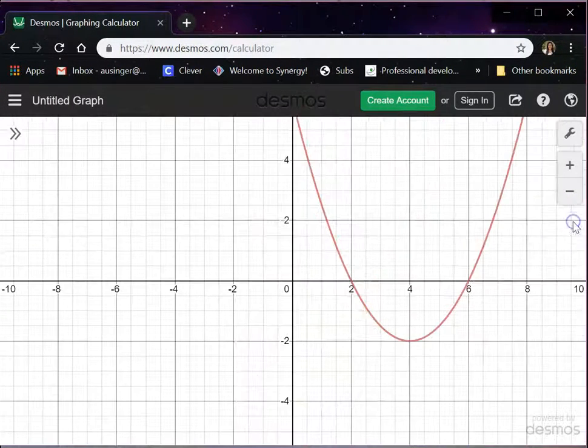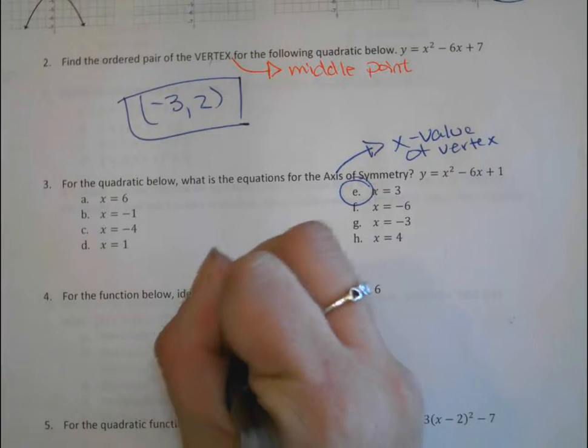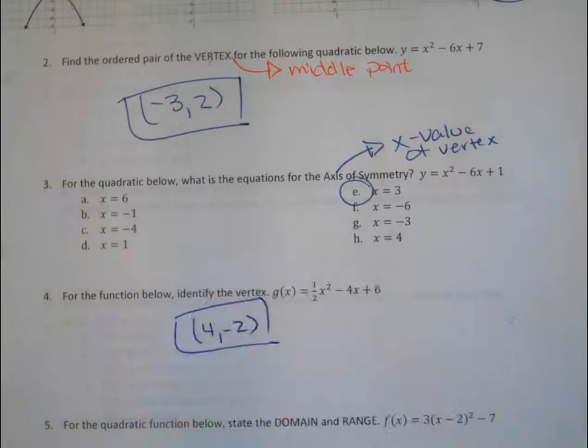So what I'm going to do here is click the home button, and it brings me right back to the center of the graph. This one also wanted to find the vertex, so I click this. Vertex is the middle point, so it's the whole coordinate point. It's going to be 4, comma, -2, my answer.